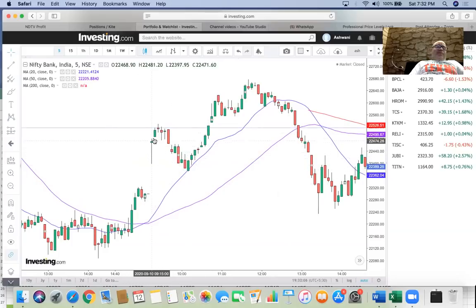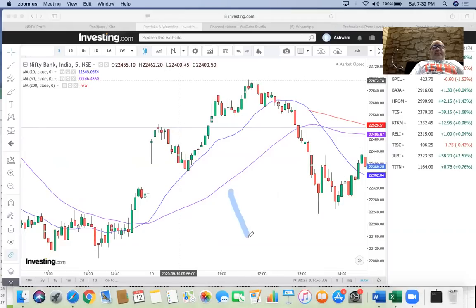You open above previous day high, start to come off and find support. See here, this level is not getting rejected. So what I prefer is that you go to a previous session low and you make a double bottom.